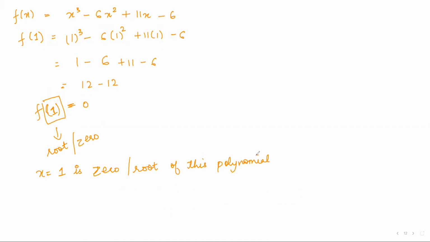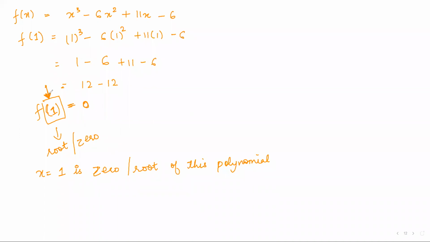Is this understood by everyone, Jaslyn? Yes, ma'am. Okay. Because x can take up different values. It can be 1, 2, 3 or some negative value. So if at any particular value, the value of the polynomial becomes 0, then that value which you have chosen for the variable is one of the roots of this polynomial. That is why you are getting a 0. Is that clear, Zeba? Yes, ma'am. Okay.